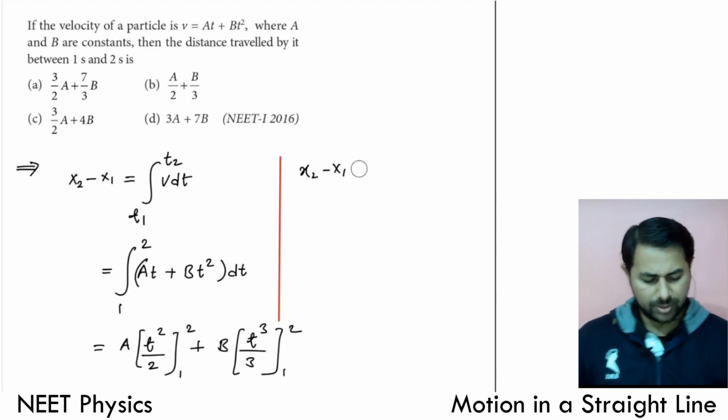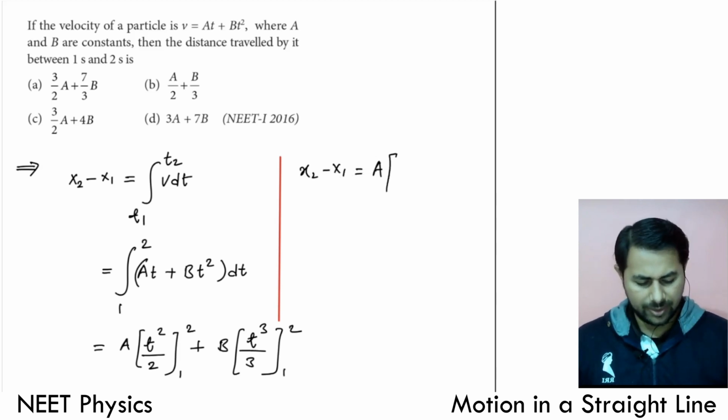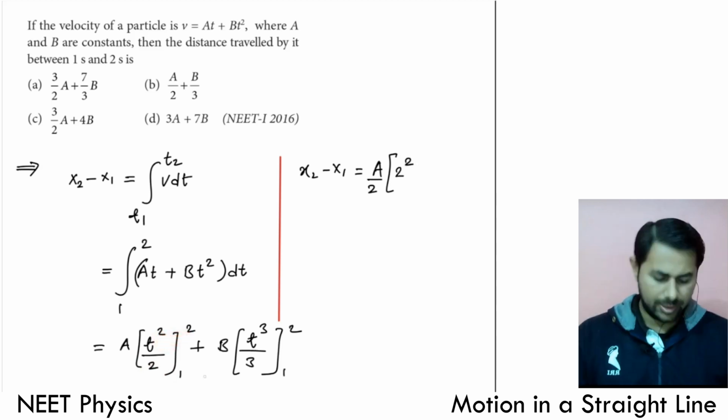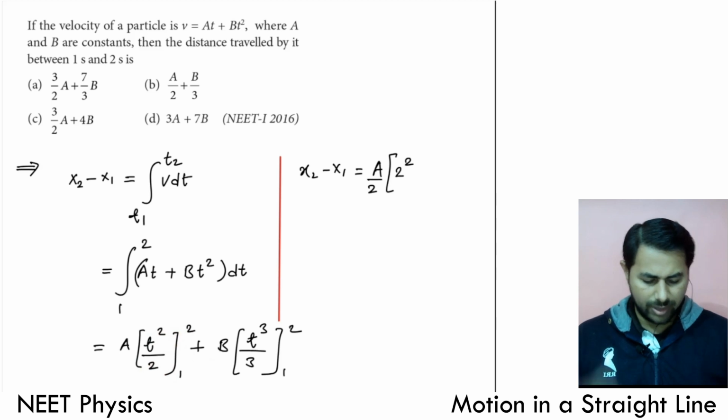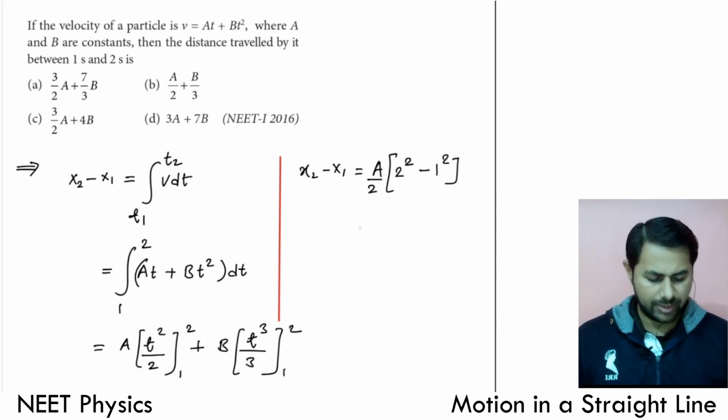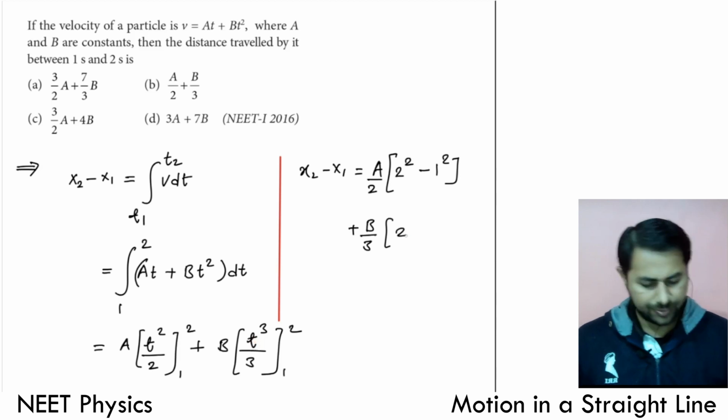is equal to a multiplied by upper limit. Okay, you can take that 2 also outside, right? So it's 2 square, you put 2 instead of t, so it is 2 square minus, then you put lower limit, so that's 1 square, 1 square is 1, plus b by 3 multiplied by 2 cube minus 1 cube.